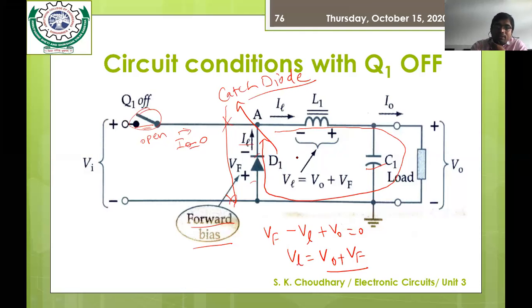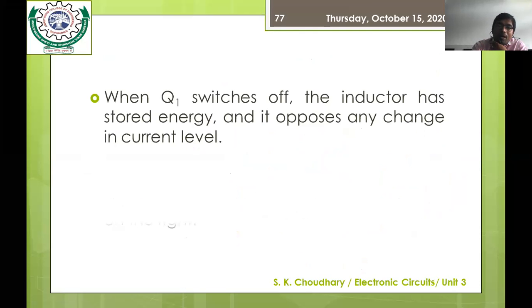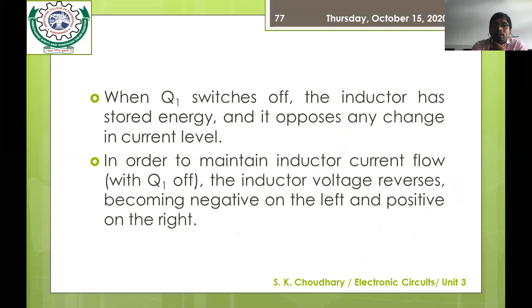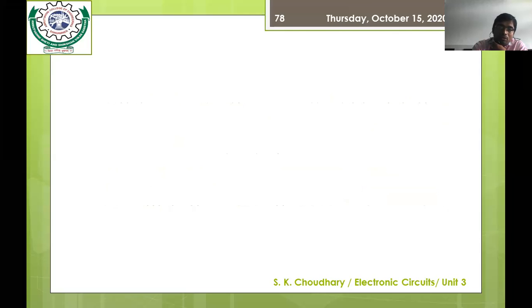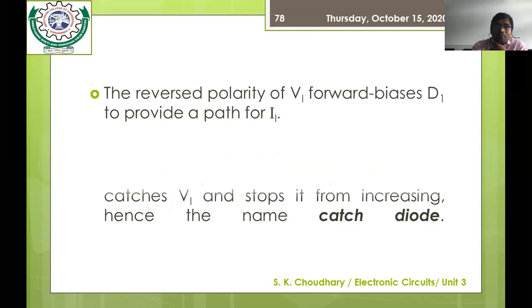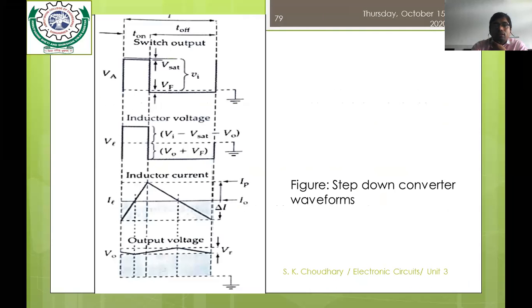Okay, so this is the operation of the buck regulator in the two modes, when Q1 is off and Q1 is on. Now we have to see the voltage waveform diagram. So everyone draw this diagram or take a screenshot, whatever is convenient for you.